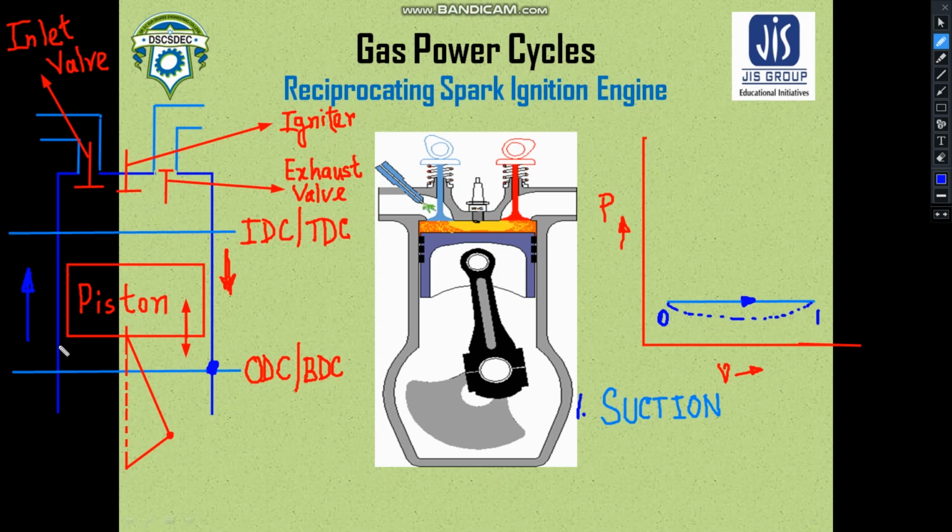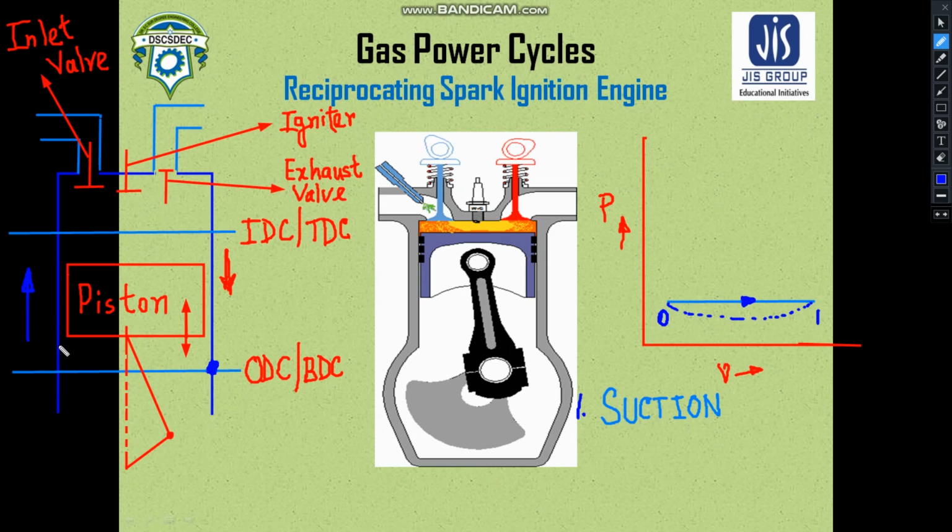But you have to remember that this temperature is always less than the self ignition temperature of the air fuel mixture. So the temperature increase because of the compression by the piston is not enough to burn the fuel itself.